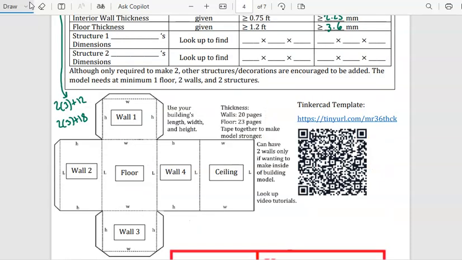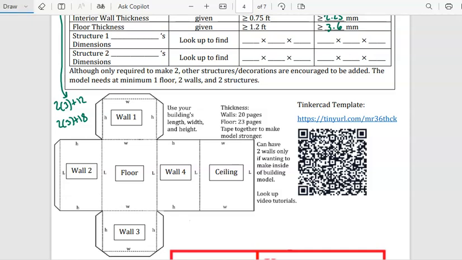When you make your model, you need to have at minimum 1 floor, 2 walls, and 2 structures. So you don't have to have those 3rd and 4th walls, and you don't have to have a ceiling.